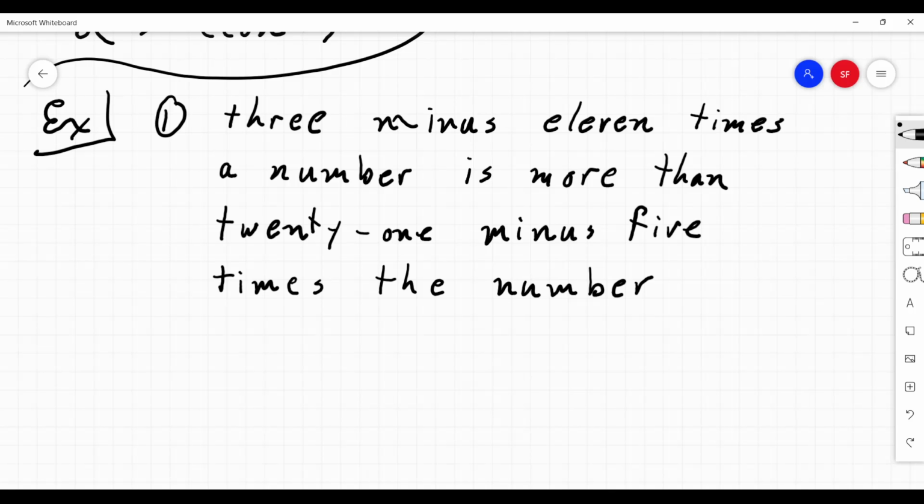Okay, so we're going to write an inequality. We're going to solve it. Graph it. So how are we going to do that?